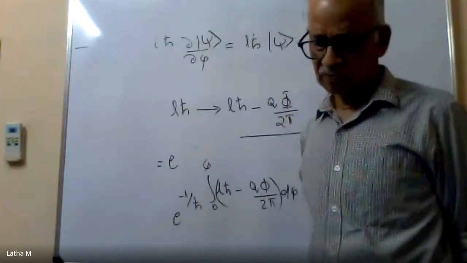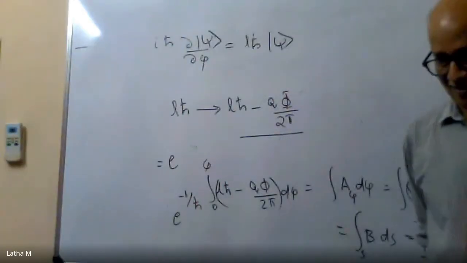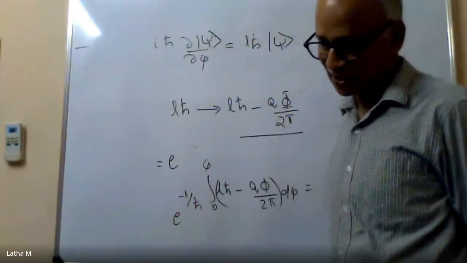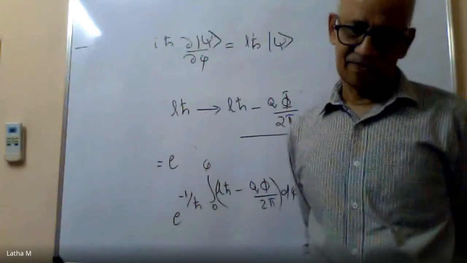So if you want to get to HU, you should put the derivative on the left from the beginning. I am assuming that to get the Schrodinger equation. Otherwise, I cannot write the Schrodinger equation. Okay.